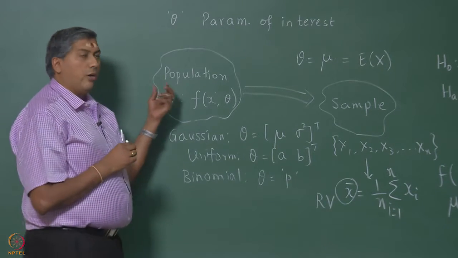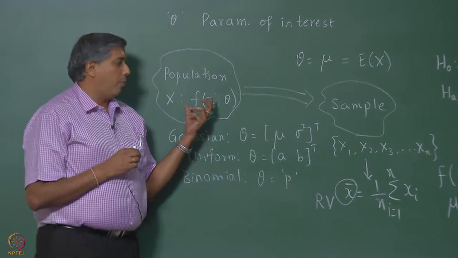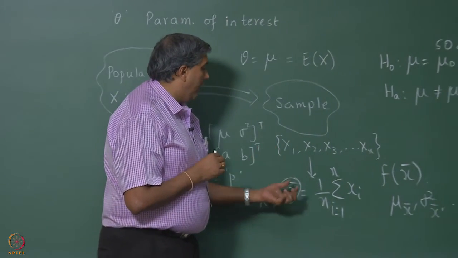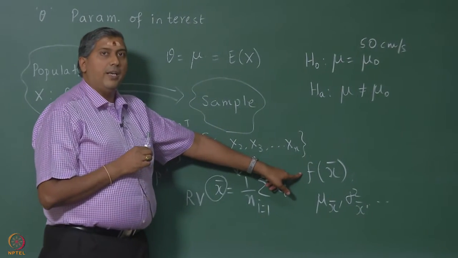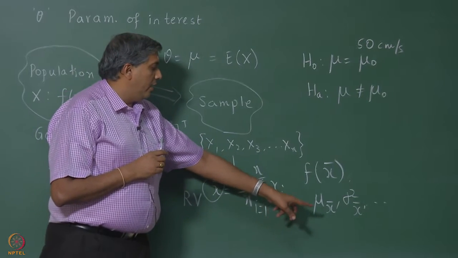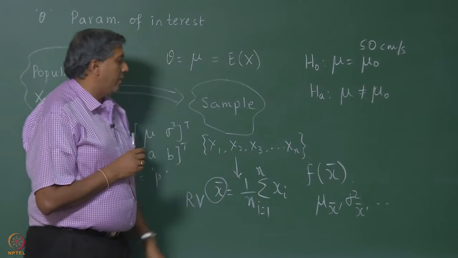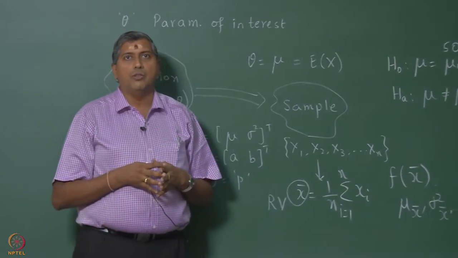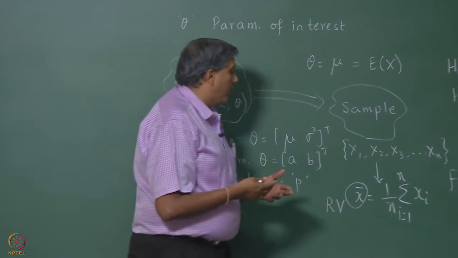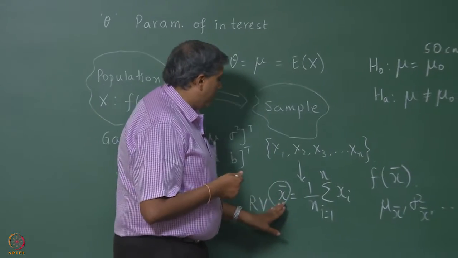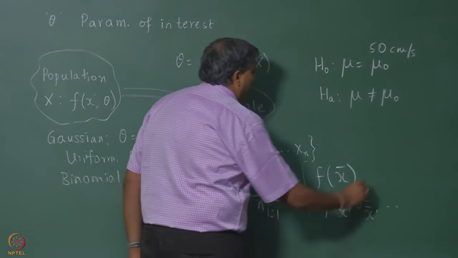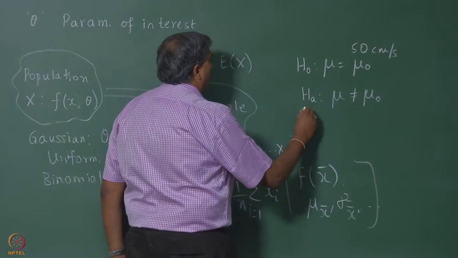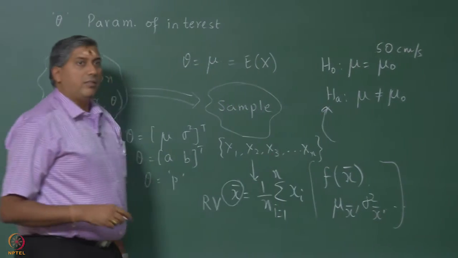Given partial or no information about the population, firstly, how do I construct this PDF, and then what can I say about mu and sigma square, that is point number 1. And point number 2, very importantly for the course, which is hypothesis testing, how do I now use this x bar and this information to carry out the hypothesis test.